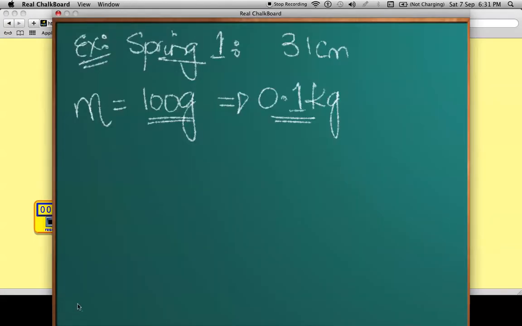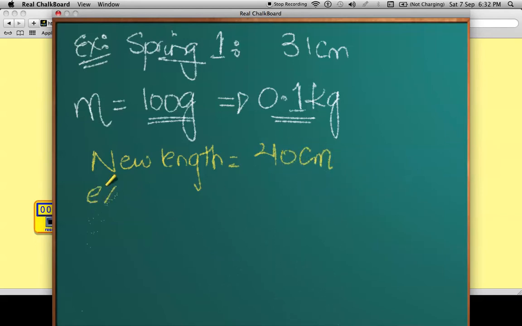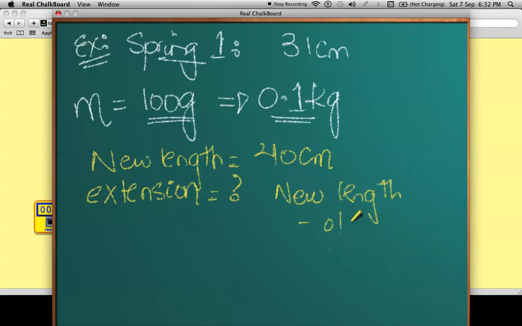So the new length of the spring is 40 centimeters. What is the extension of the spring? The extension is simply the new length minus the original length. So the new length 40 minus the original length 31 gives me 9 centimeters.